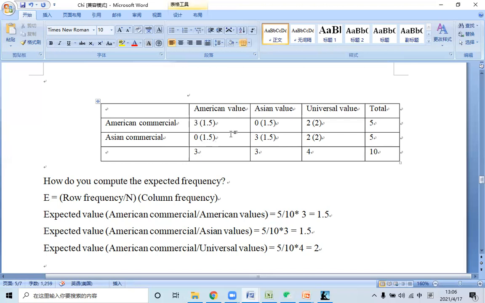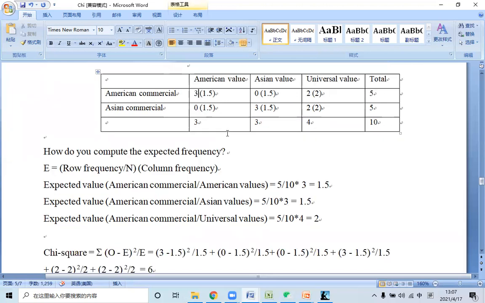Now, you want to compare the expected value with the observed value. That would give the chi-square. You would work with all the cells. For the first cell, the observed value is 3, and you get the deviation: 3 minus 1.5, and you divide it by 1.5, the expected value.